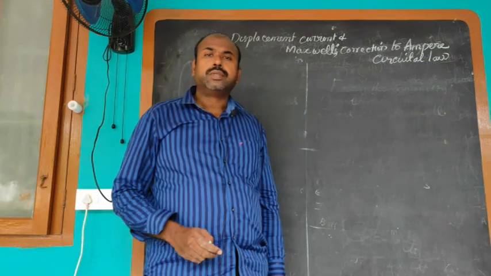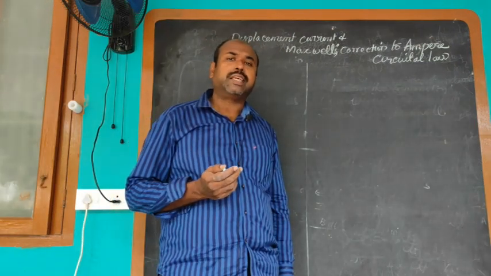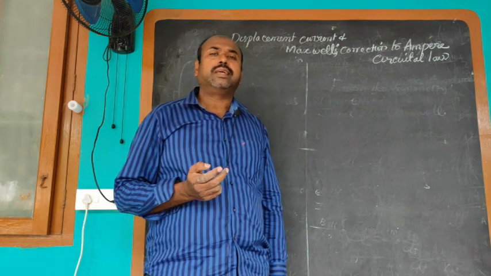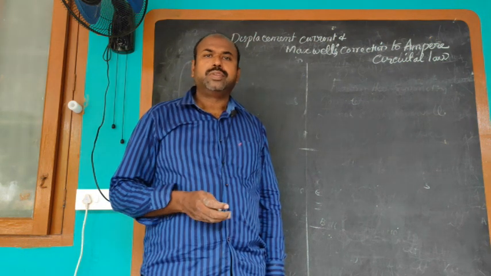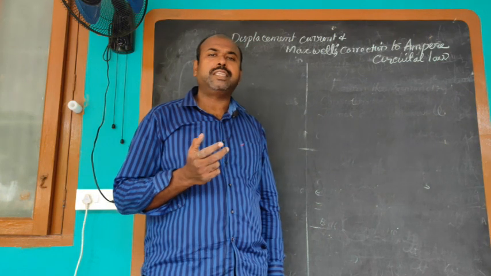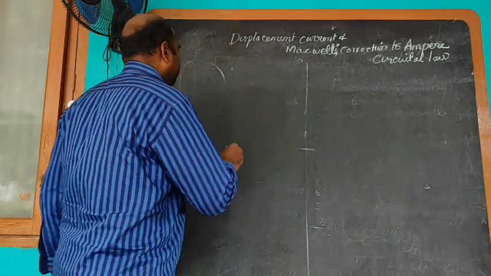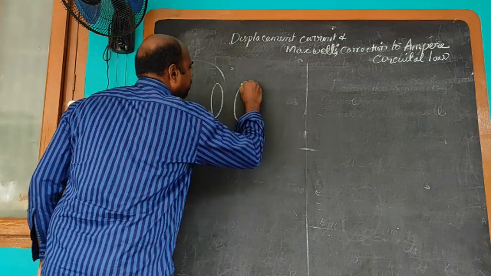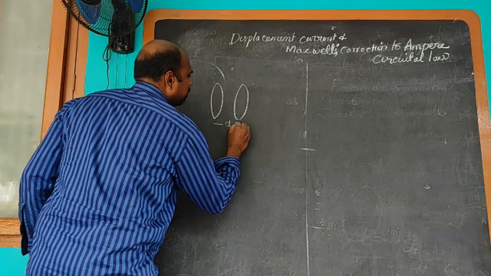Before discussing displacement current and Maxwell's corrections to Ampere's circuital law, let us understand that the changing electric field produces magnetic field. For that, let us consider the situation of a charging parallel plate capacitor. These are the plates of the parallel plate capacitor, separated by a distance d.